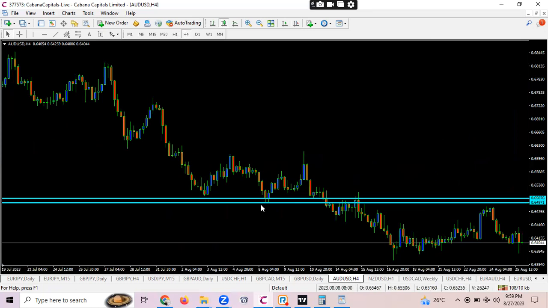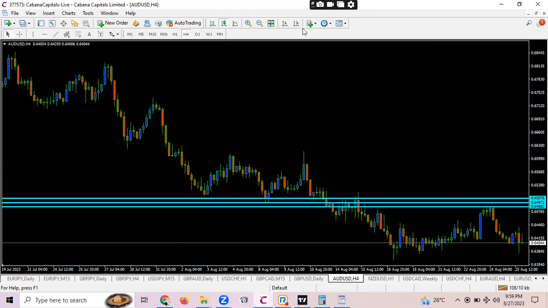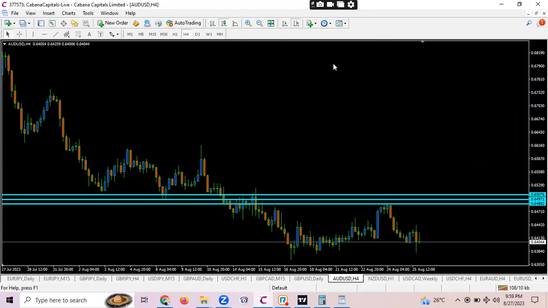So on 4-hour, you would see we had supports at this level. So I believe these different support levels are the reasons for the rejection we saw last week. These levels are the reason for this rejection. You can see that.